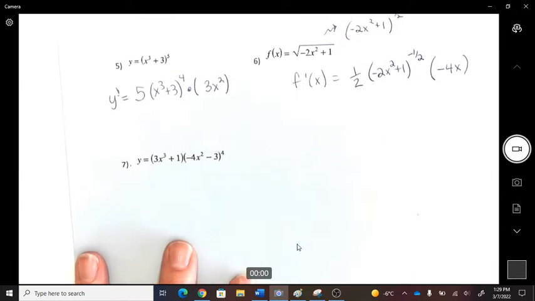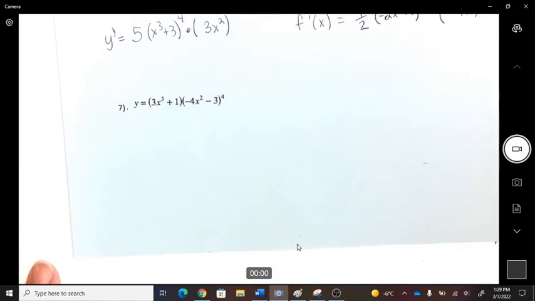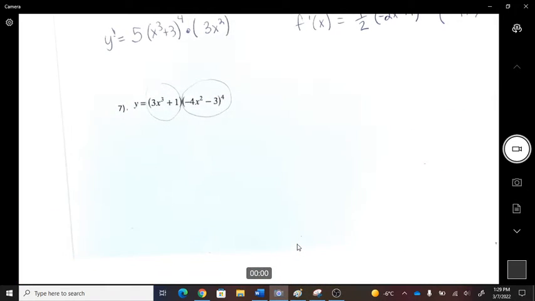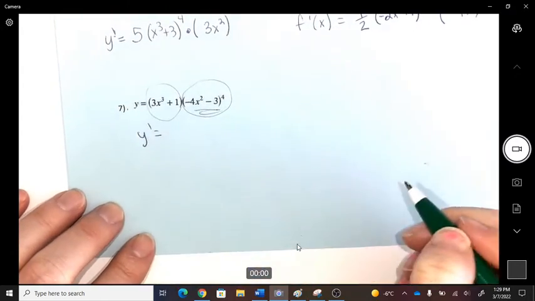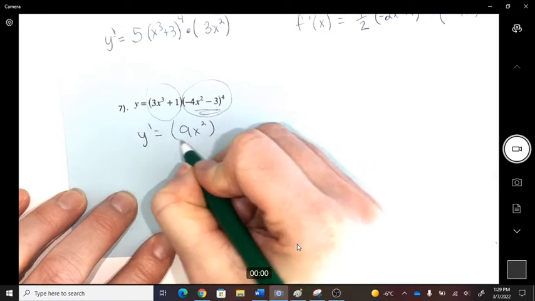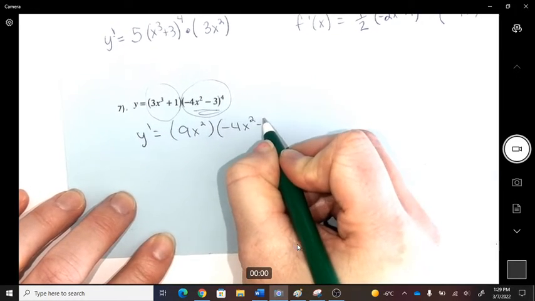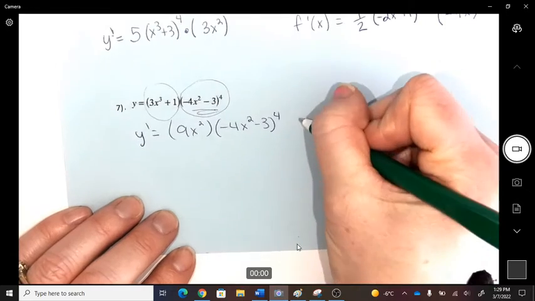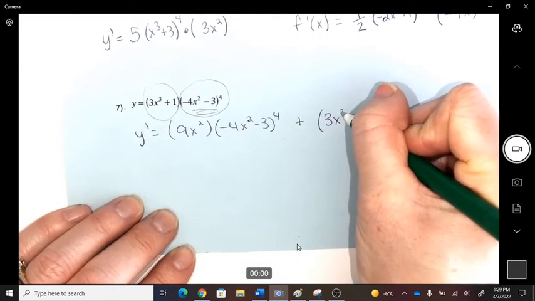Okay, number 7, you're going to have to do 2 things. So I'm going to go this and this with the product. And then I notice when I do derive this, I'm going to have to do the chain rule on that. Okay, so here we go. Derive the first, so 9x squared times the original second. Good? Plus the original first.